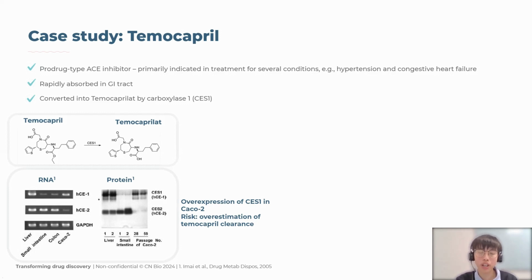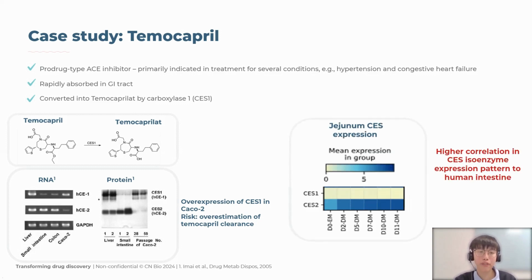Therefore, if a researcher were to use a Caco-2 model to estimate bioavailability and ADME profile of temocapril, it contains the risk of overestimating temocapril clearance in the human body. On the contrary, primary gut cells derived from the jejunum do not express any CES1, which correlates with the expression pattern in the actual human intestine.